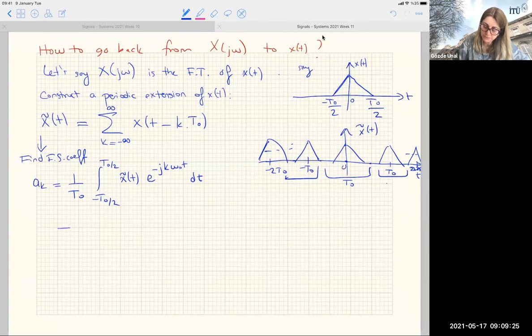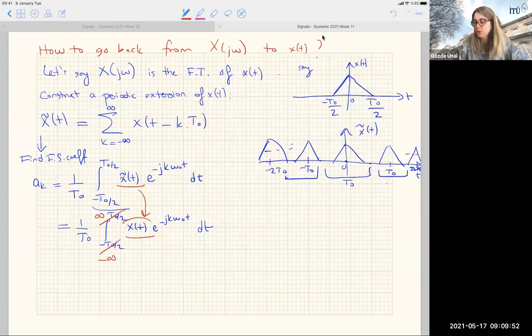Now I want to rewrite this because it's in one interval. It's really x of t, right? 1 over T0, I can really say minus T0 over 2 to T0 over 2, it's x of t now. You see, I replaced it by x of t. Guys, please check. Now I can also make this minus infinity to infinity because I know x of t is 0 outside, so it doesn't really matter.